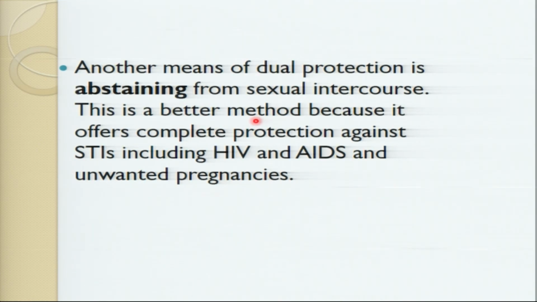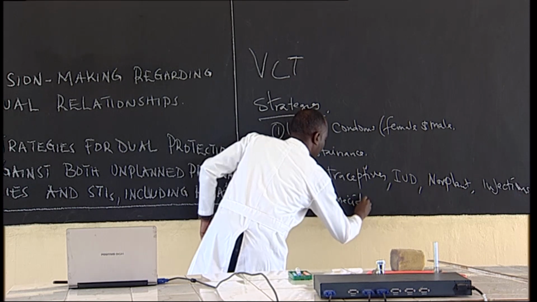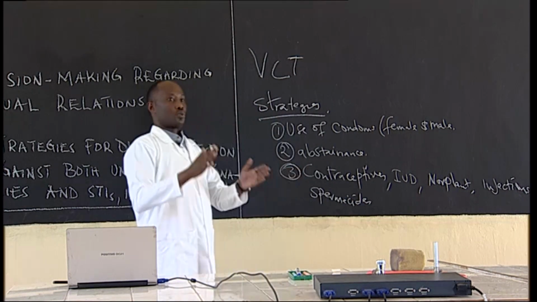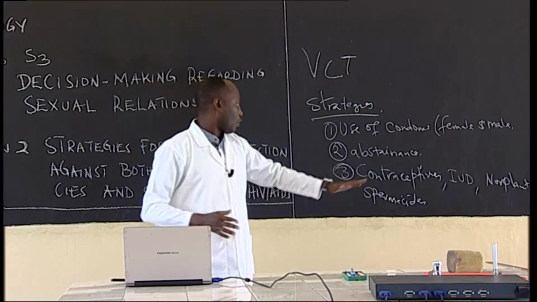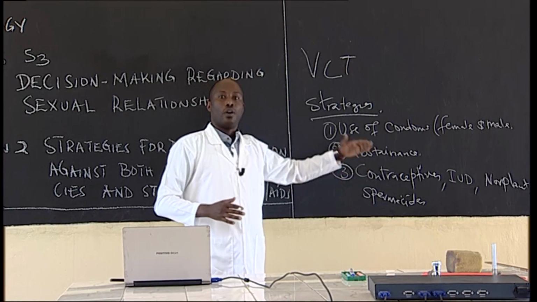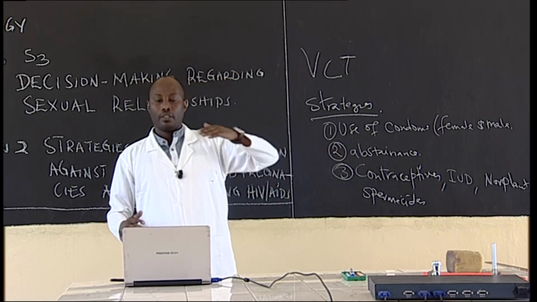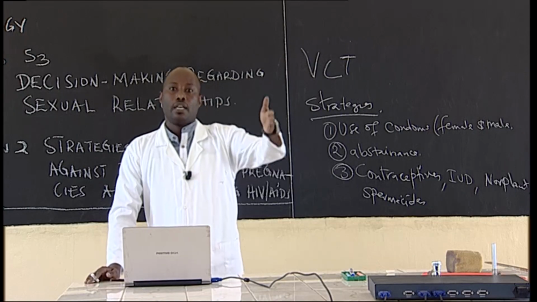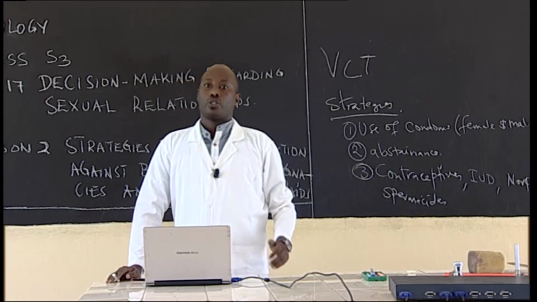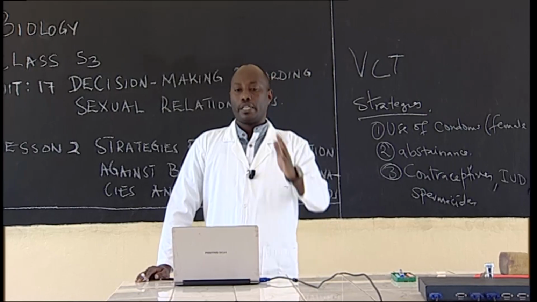There are very many things that we can use. You can also use spermicides, which make the sperms inactive. These are all barriers that can prevent you from unwanted pregnancies and even from sexually transmitted infections, including HIV and AIDS.